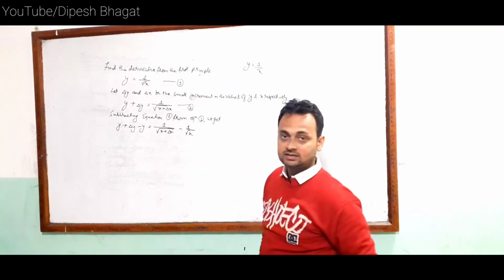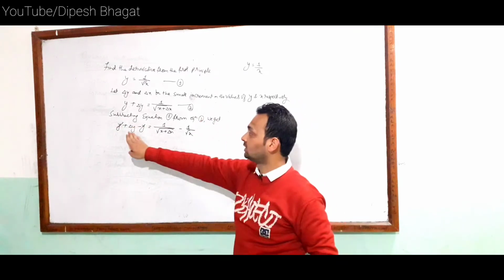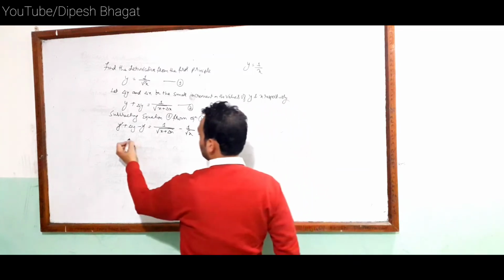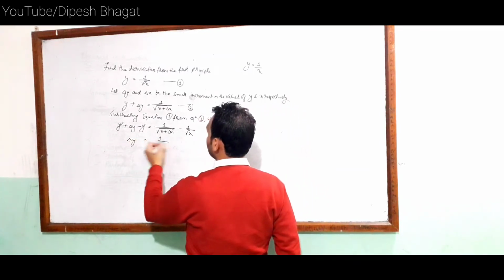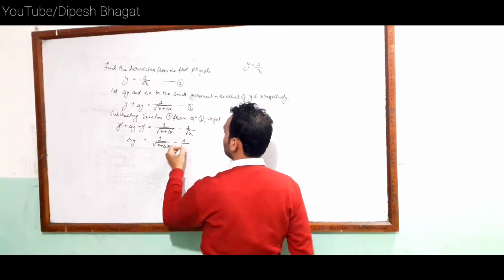Clear? Now in this case, y and y will be cancelled. So what is left? Delta y. Clear? After getting this step, delta y equals 1 by root under x plus delta x minus 1 by root x.